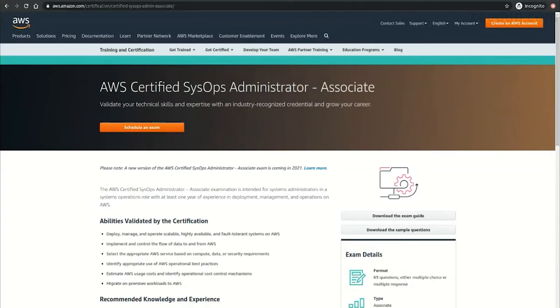Once we are aware of SysOps, it will become much easier to evaluate SysOps against DevOps, and how SysOps is exactly different from DevOps. So let's quickly run through SysOps.